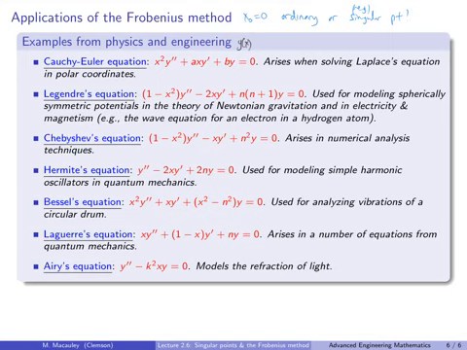Okay, so Cauchy-Euler equation. Let's start out with this. Well, if we divide through by x squared, we get y double prime plus a over x y prime plus b over x squared y equals 0. And so this is actually a singular point. 0 is singular because you plug in 0, it's not defined for these functions.